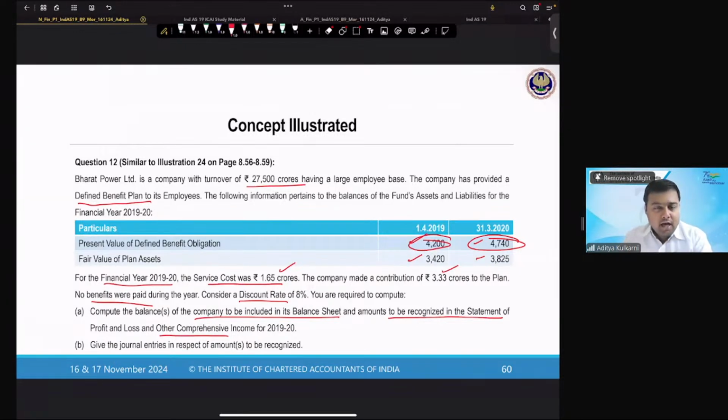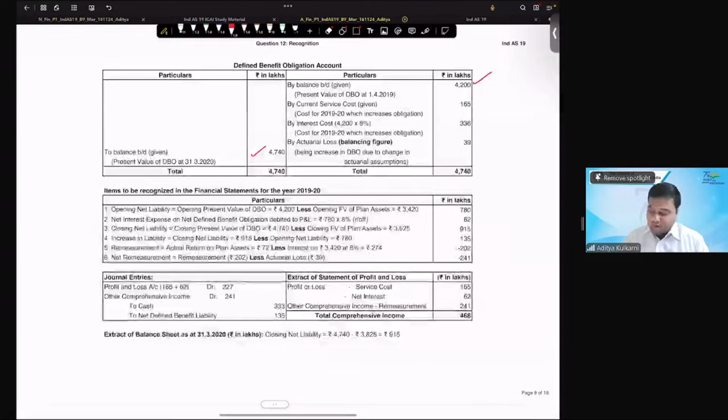Tell me, service cost, is it increasing your obligation? Yes sir, obviously the employee is working this year, so your obligation will increase. So the entry will be current service cost, that is the P&L account debit to provision for defined benefit obligation. So that 165 is enhancing your obligation.